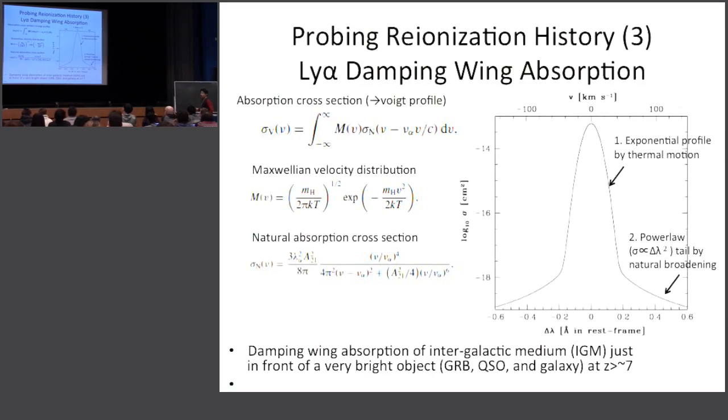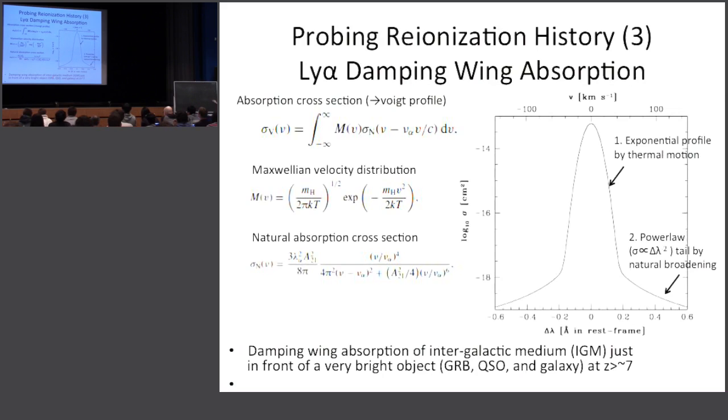The problem of the hydrogen absorption is that it is too sensitive, but this tail of the Lyman-alpha absorption is very useful to probe the high neutral hydrogen regime.